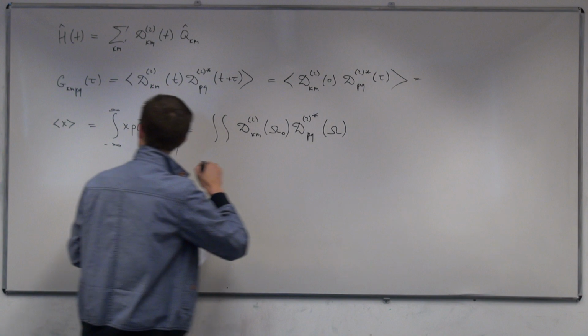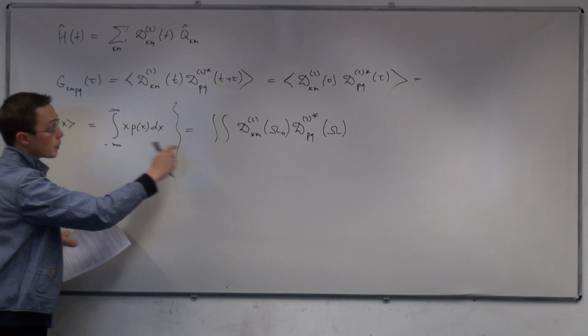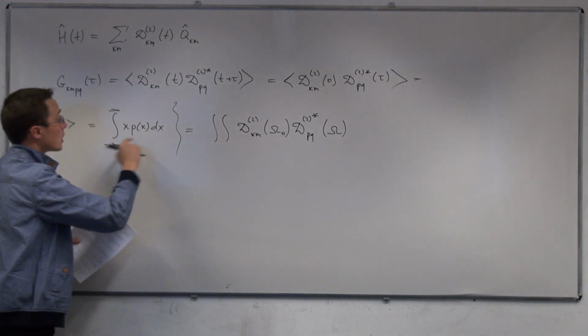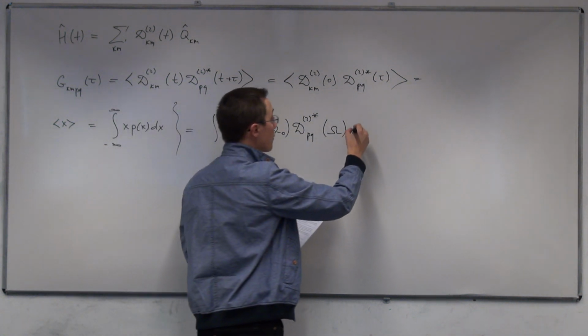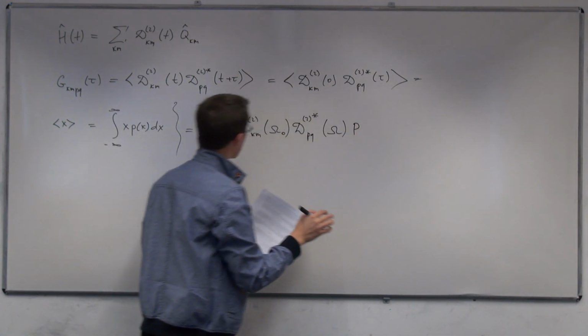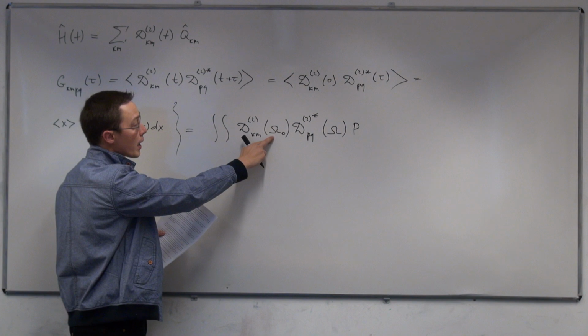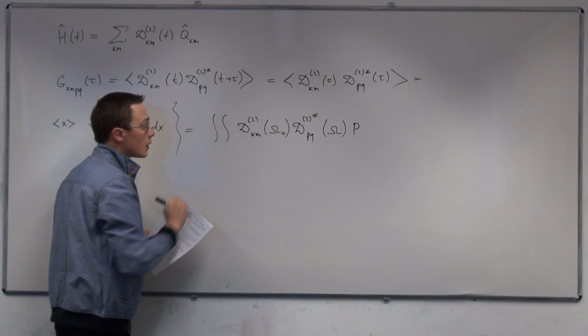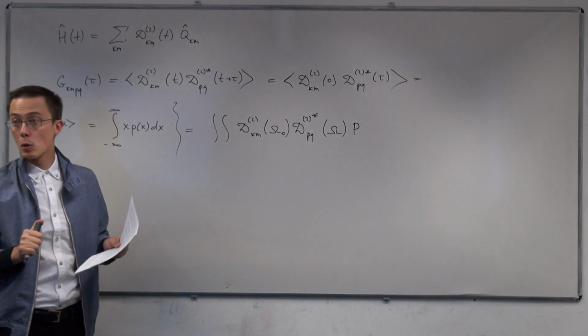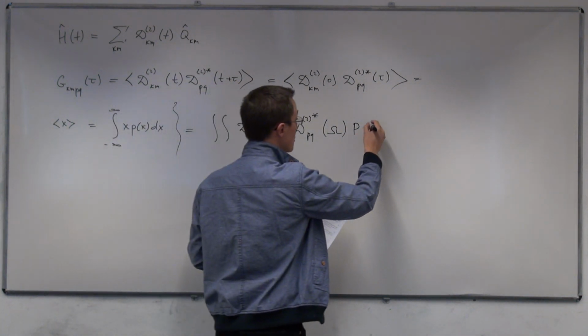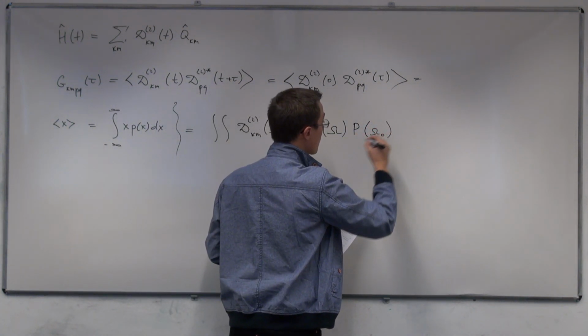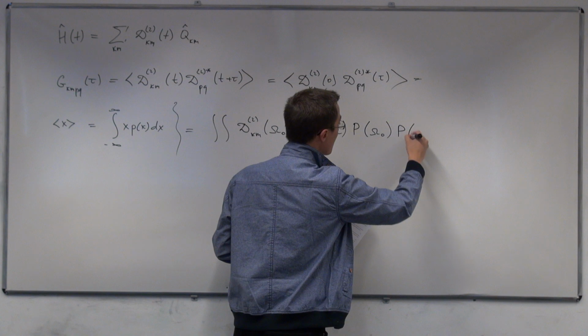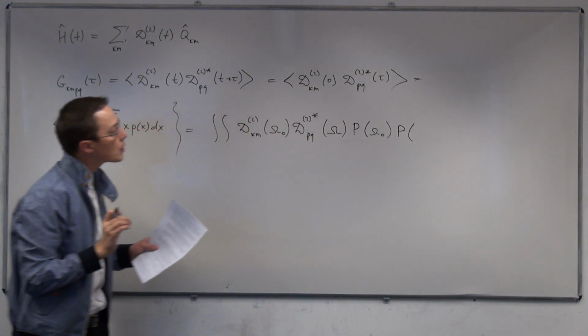And then, just like we had here, so this plays the role of x, and we now need the probabilities. The first probability that we need is the probability of a system having been at the angle omega 0 at time 0. We'll call it just p of omega 0. And the second probability is a bit more subtle.